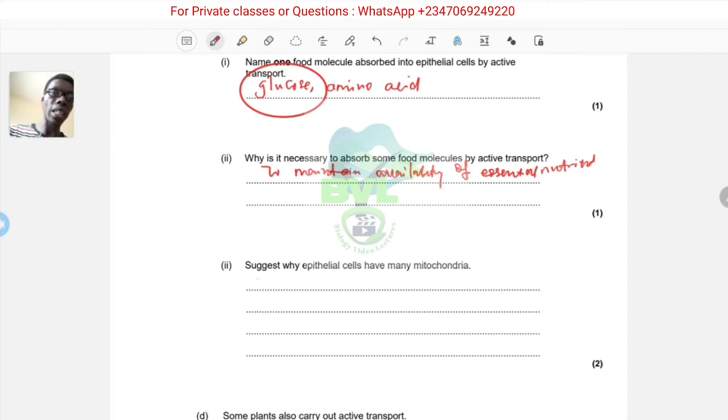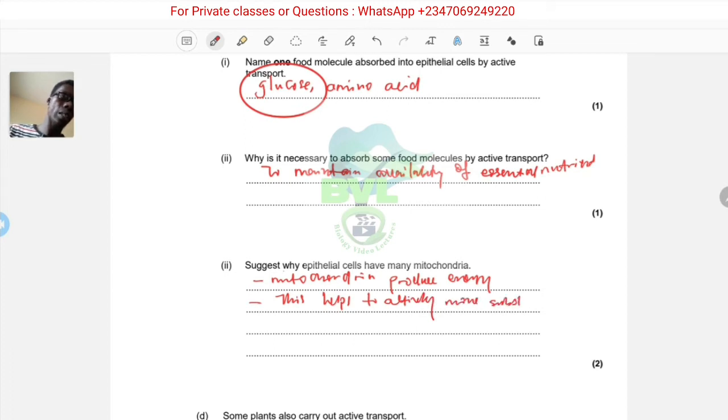So the first thing I'm going to say is that mitochondria produce energy. Yeah, that's the function of mitochondria. This helps to actively move substances into the epithelial cells.